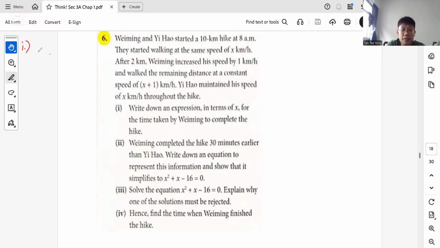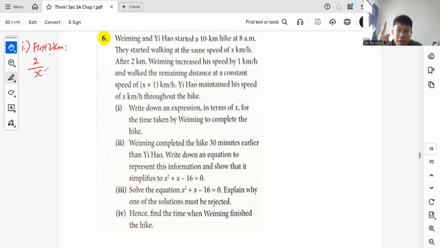For the first 2 km, how long did Wei Ming take? Distance divided by speed. So for the first 2 km, Wei Ming will take 2 over x, because distance divided by speed gives you time. That's the timing he takes for the first 2 km.